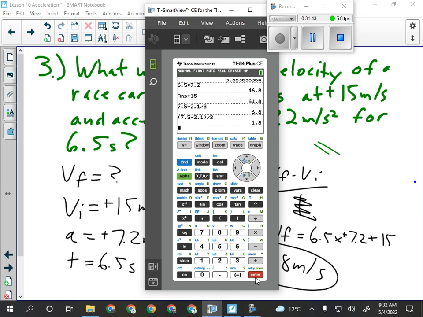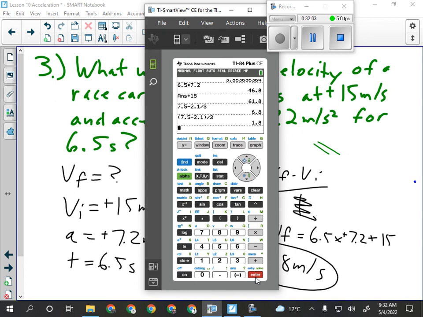Because what happens this way is my calculator divides 2.1 by 3 and then subtracts that from 7.5 because it's programmed to do order of operations. This is the way the formula is set up. Do the top, then divide by the bottom.